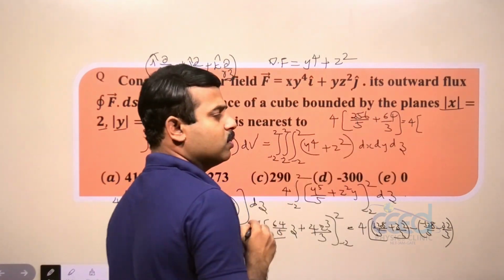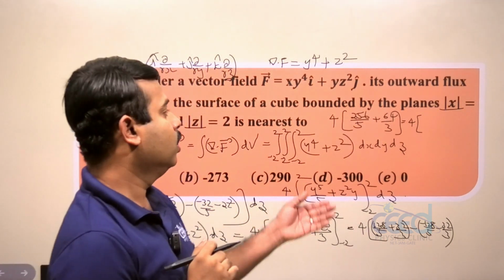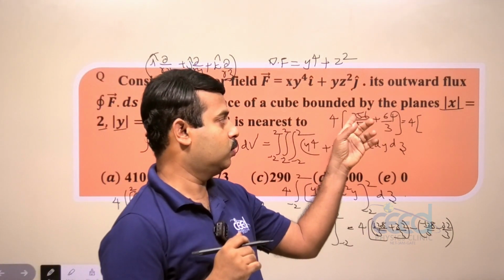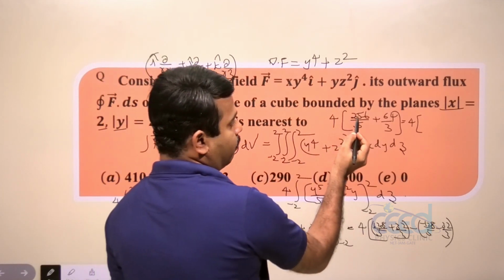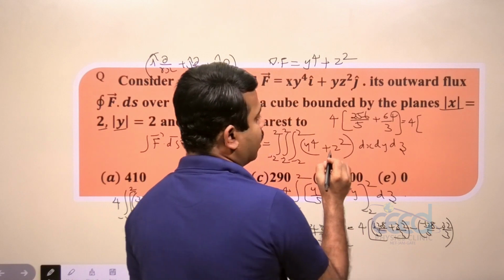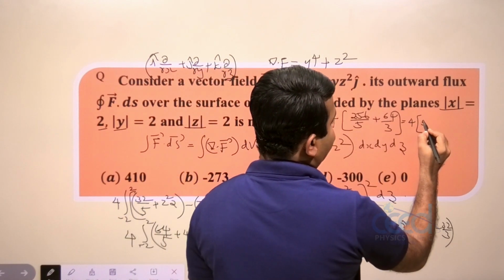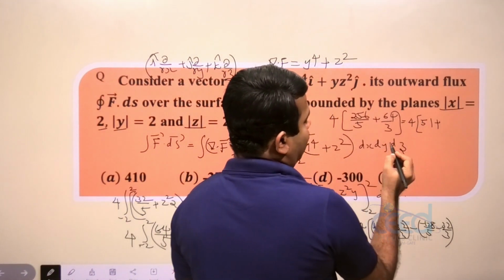That is 4 into, see look here, 256 by 5, what is the approximate value, in 100 there are 20 5s, then 20 plus 20 is 40, 40 plus 10, around 51, 51 5s are there approximately.